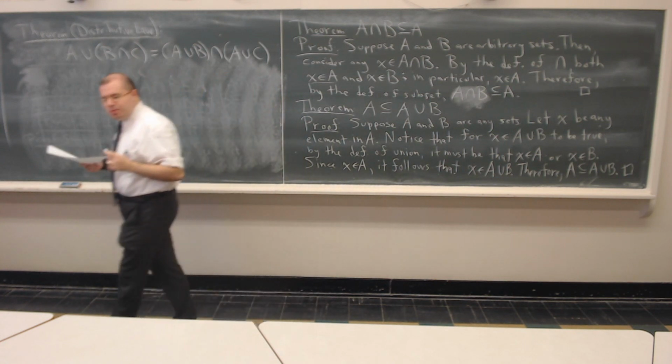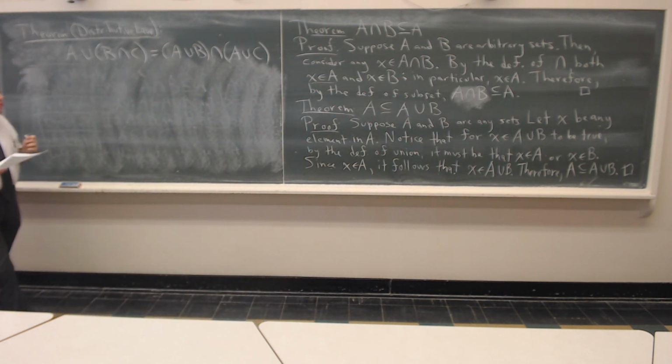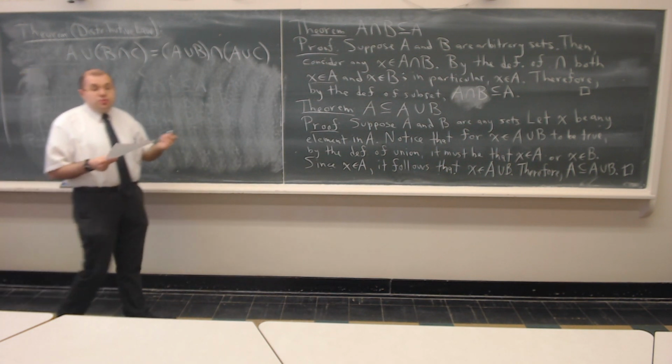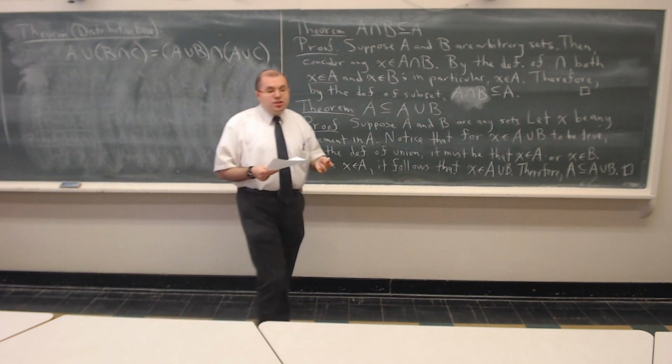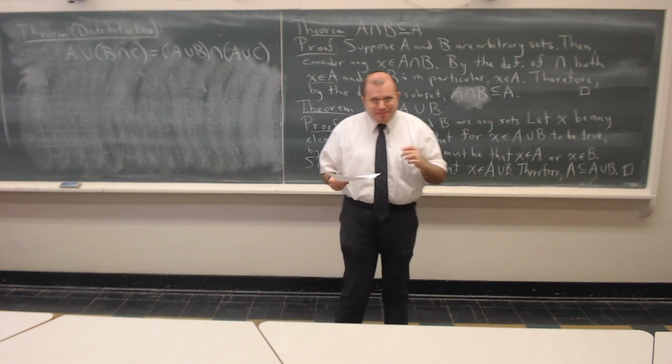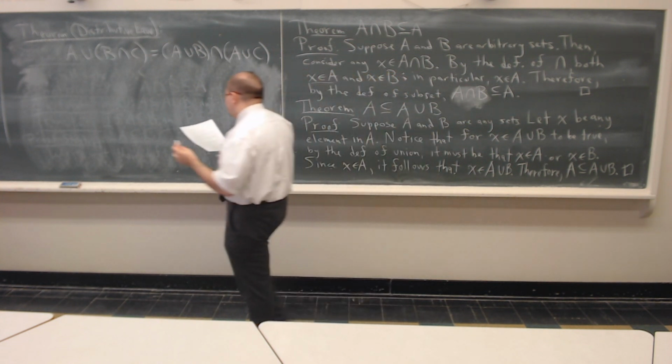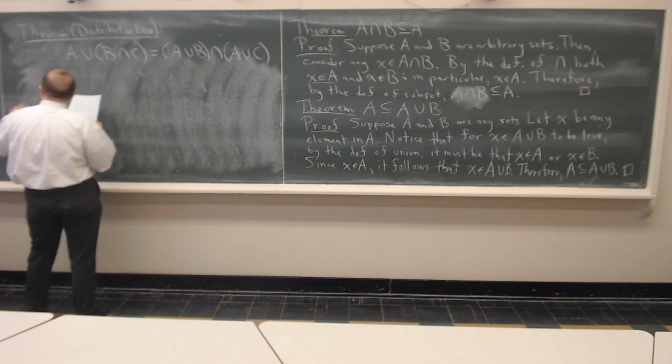I'll give you three arbitrary sets, and this property holds. This should look very familiar to you. We talked about the distributive property in the past. This is involving sets. So let's prove it.